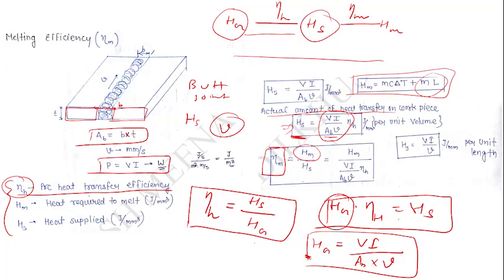This will be H. Velocity, ma'am, this is a velocity, no? Seconds cancel. This one, what I have written is wrong, no? I think I have written right only. Okay, this is Hg, not Hs. Okay, Hg will be this term.